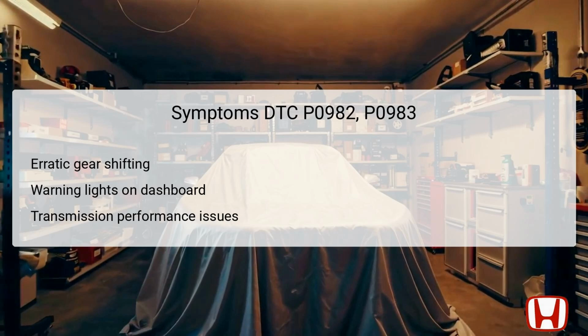Additionally, illumination of warning lights on the dashboard, particularly the check engine or transmission warning lights, is a common indicator of a problem within the transmission system. These trouble codes could also lead to decreased overall transmission performance, which may affect acceleration and driving efficiency. It is crucial to address these symptoms promptly to prevent potential safety hazards and further mechanical failure.